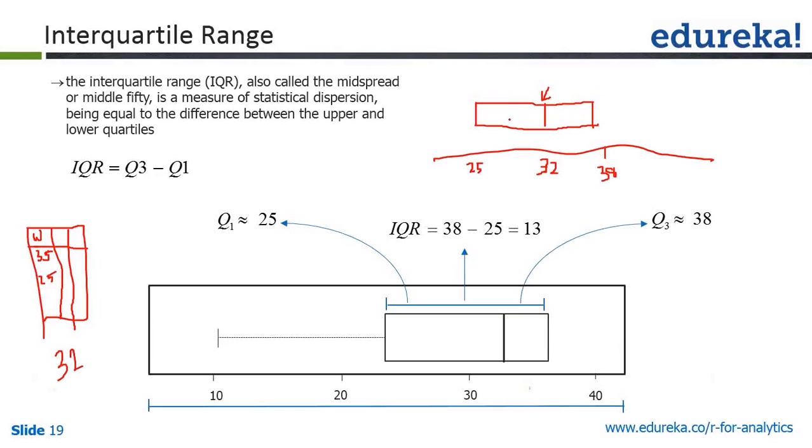Then this value you take. Let's assume the height of this is 13. I'm just making everything approximate. You multiply it by 1.5. Many people use 1.5.